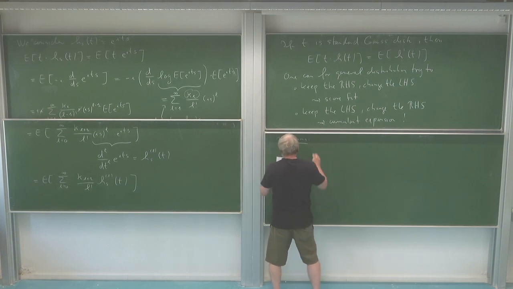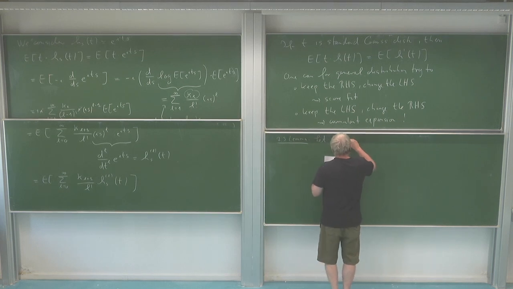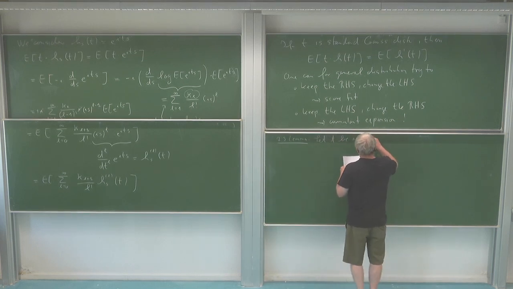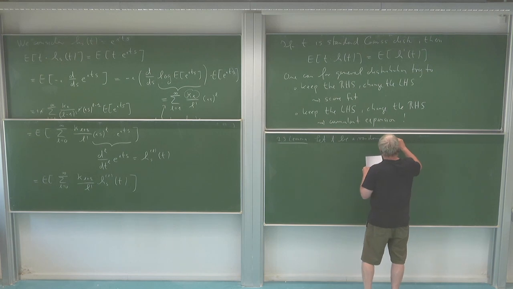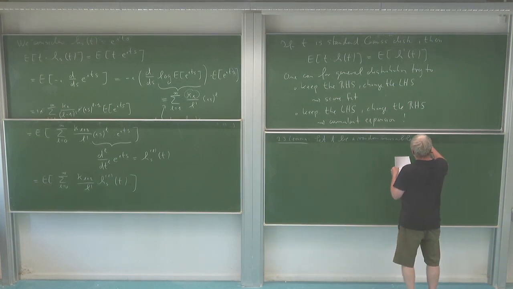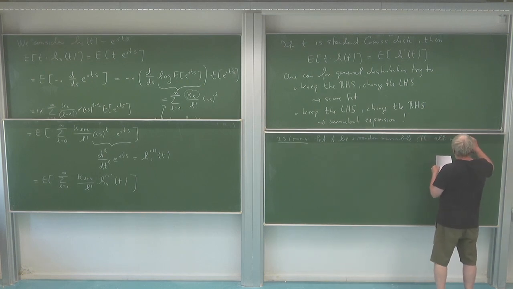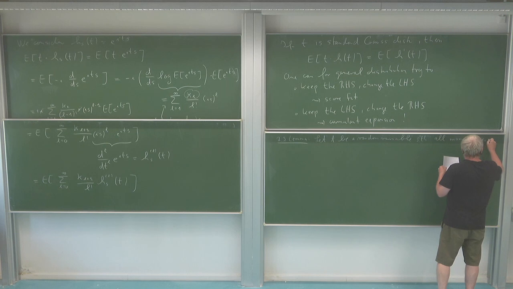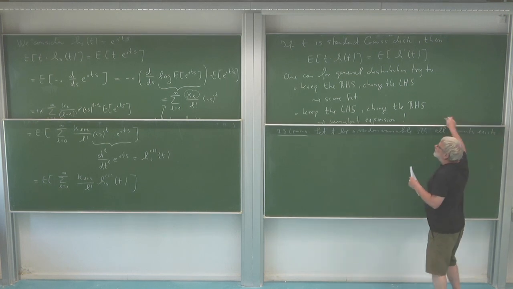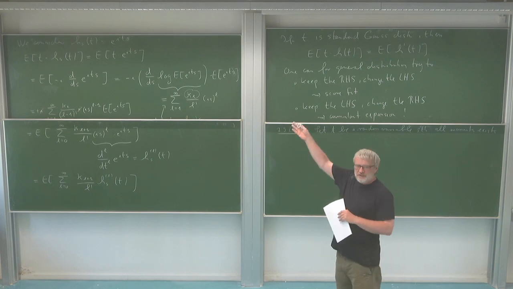Let's call it a lemma. One-dimensional case: let t be a random variable, maybe such that all moments exist, so that we can take, for example, polynomials for the h's.